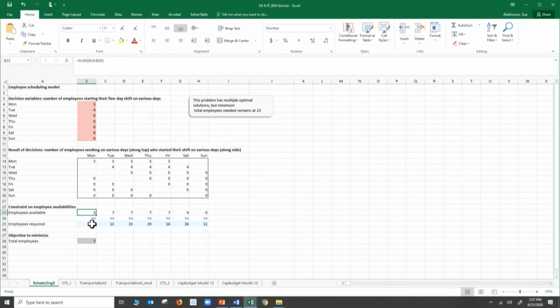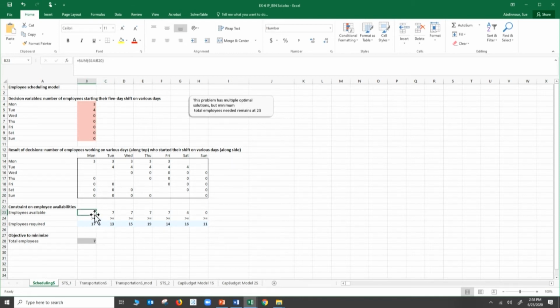I need 17. So I care about the sum of this column. And so I sum this column, and I want it to be, in this case, greater than or equal to 17. Unlike the other constraints we've seen, which were less than or equal, we need a minimum of 17. So same here.